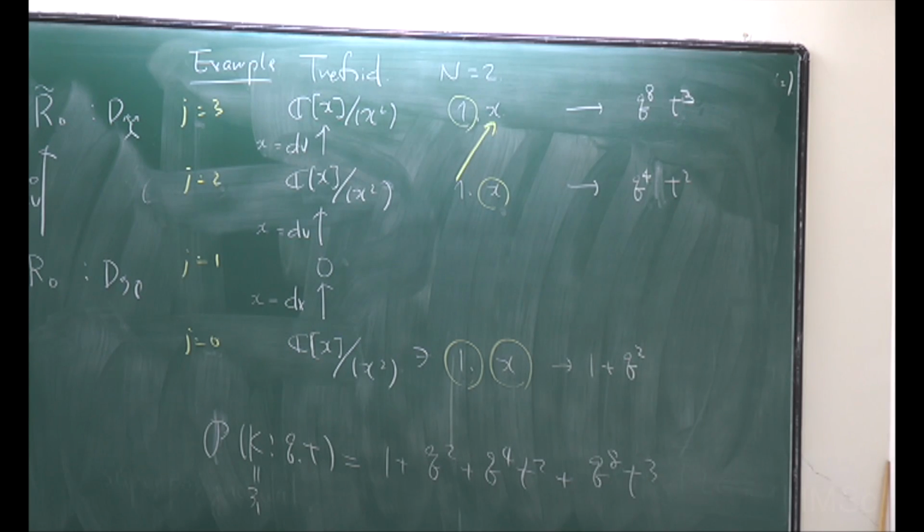Because for x cube, there is only 1 between x and x squared. But first of all, you have a single x because you have a single span, only a single component. That's why it's a single x.